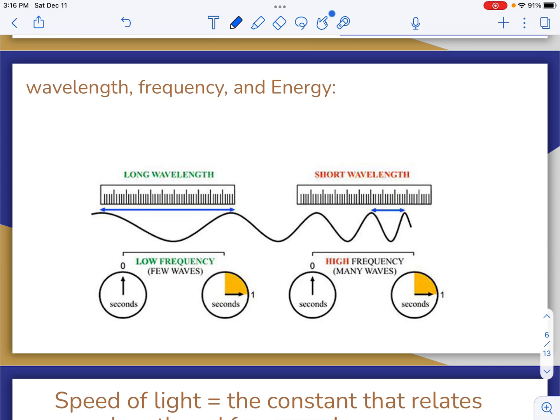Also, you should know that the ones with higher frequency and short wavelengths have high energy, and this makes them more dangerous to us, and long wavelengths and low frequency are definitely lower energy. So electromagnetic radiation that's lower energy has fewer effects on living things.